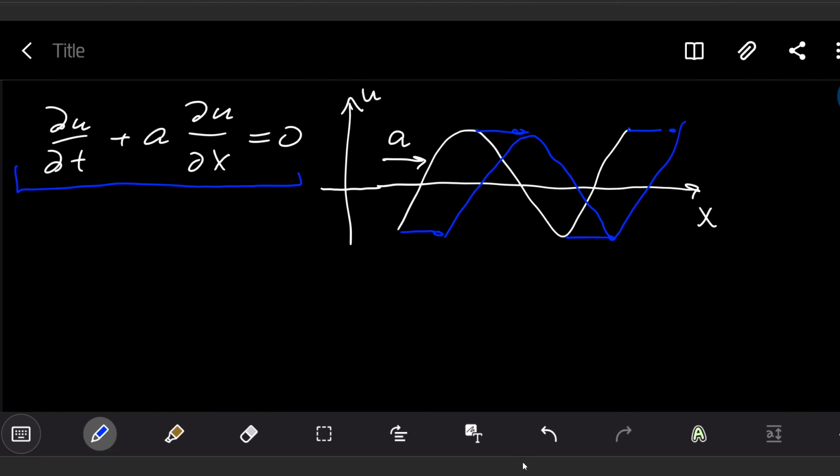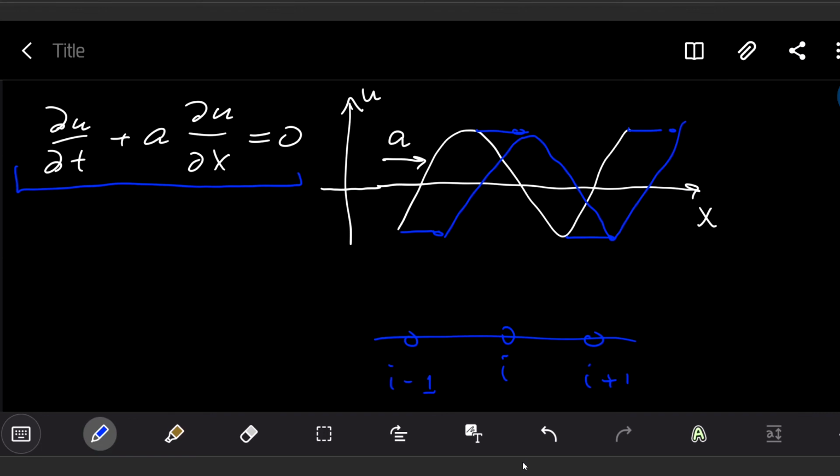For example, we have points in space. I will make several points. This is the point of our interest, i, in space. This is the same direction, x. This is point i plus 1, the next point, and the previous point. And the same by time.